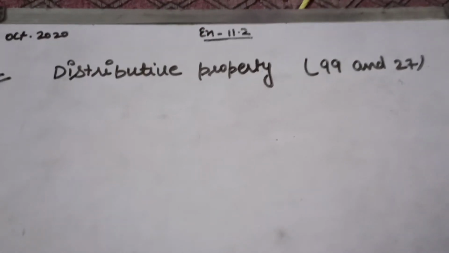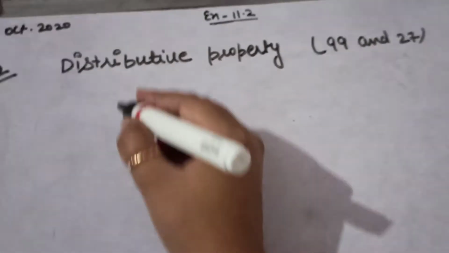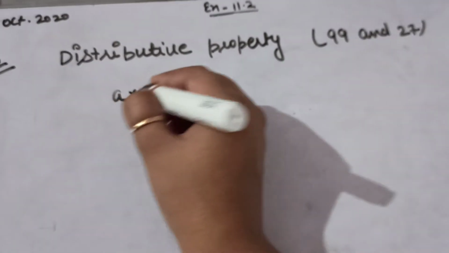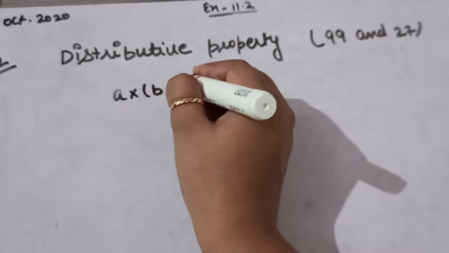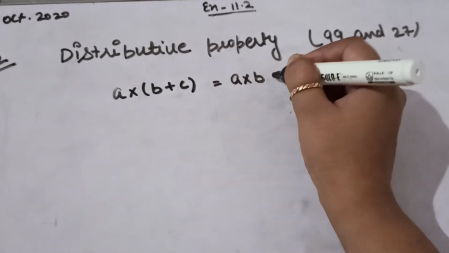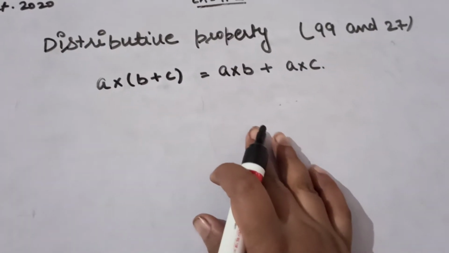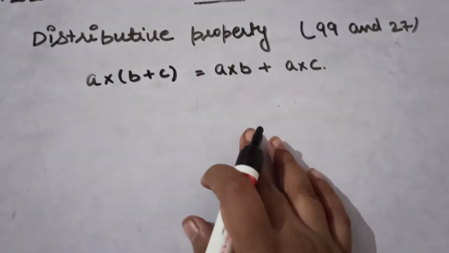So in distributive property, under addition, we have learned like this: A multiply B plus C equals to A multiply B plus A multiply C, right?